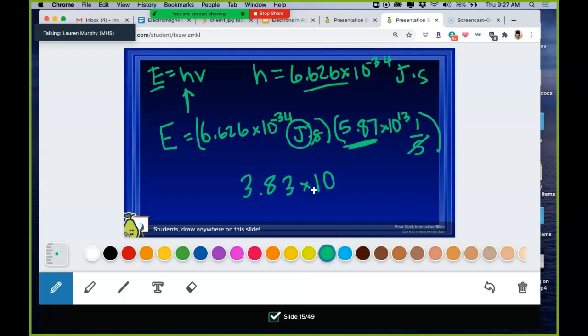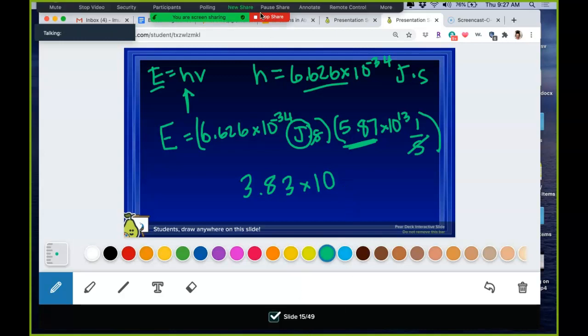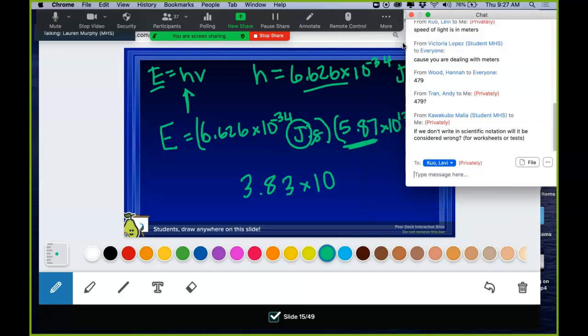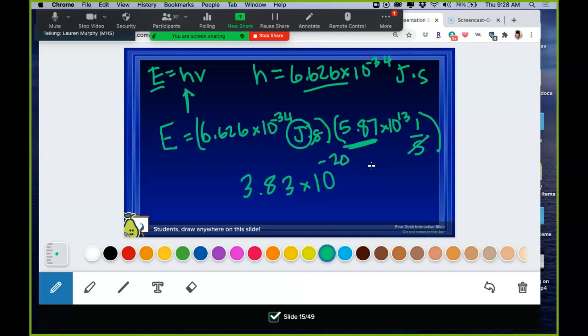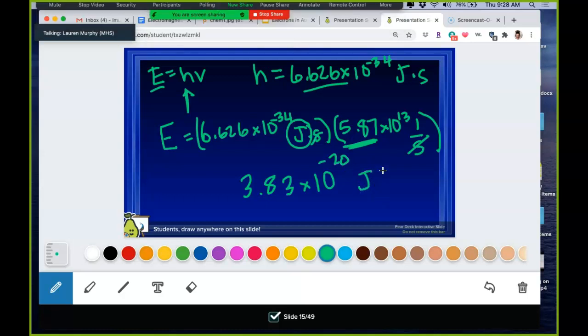What did you guys get for a power? Negative 20. Yes, wonderful. Negative 20. And then the unit is joules.